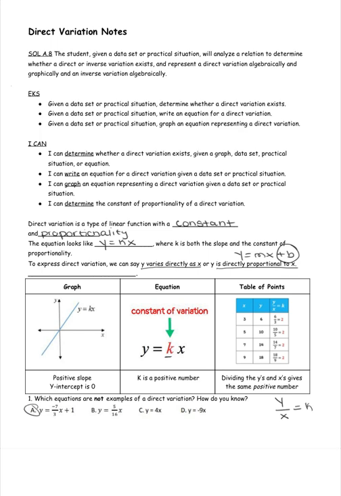That is a direct variation. C is also a direct variation. D is not a direct variation because we have a negative 9. So remember, k is always positive because even if you're looking at a relationship between two negative numbers, you still get a positive number. If you look at a relationship between two positive numbers, you still get a positive number.